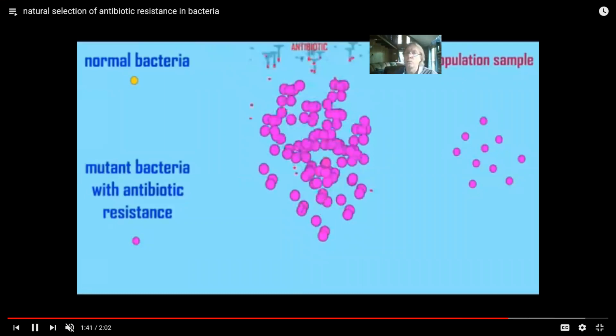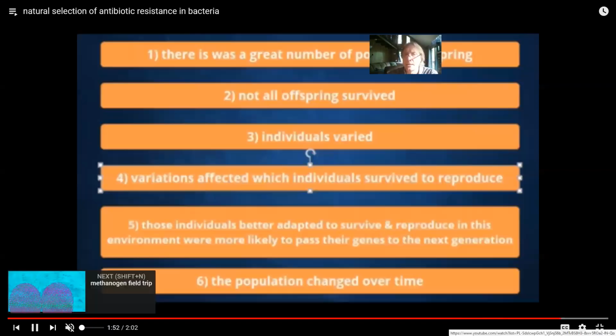So this is why we shouldn't overuse antibiotics in our population, because we will then cause more bacteria to be able to resist that antibiotic, and antibiotic resistant strains of microbes are a serious health threat.